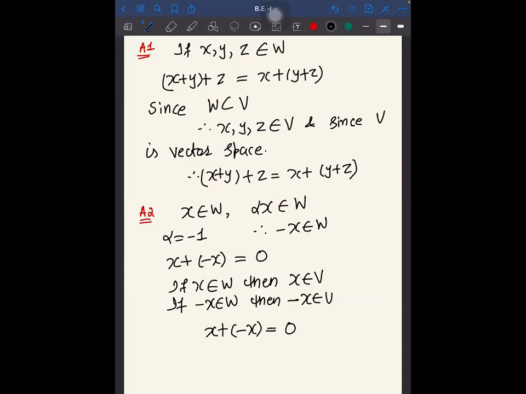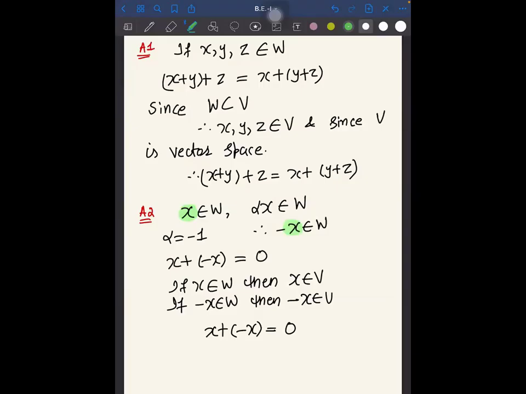Yes, sir. But see, here the property we are applying is scalar multiplication, so minus X should belong to W. But if X belongs to W and minus X belongs to W, then W has another property, that it is closed under addition.